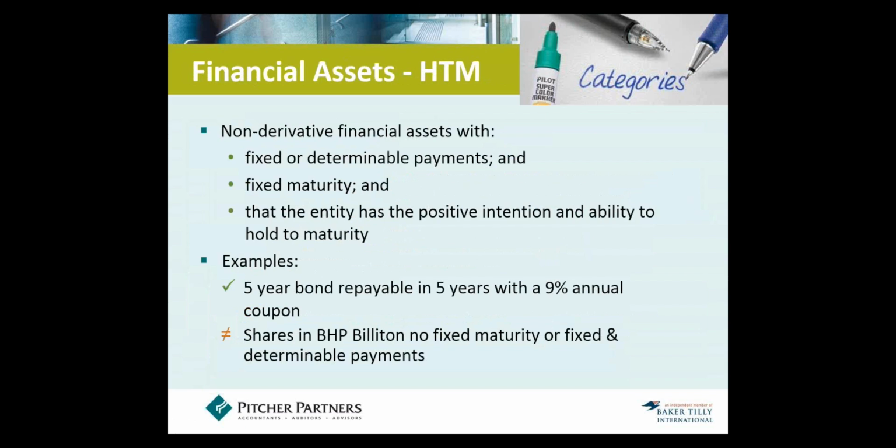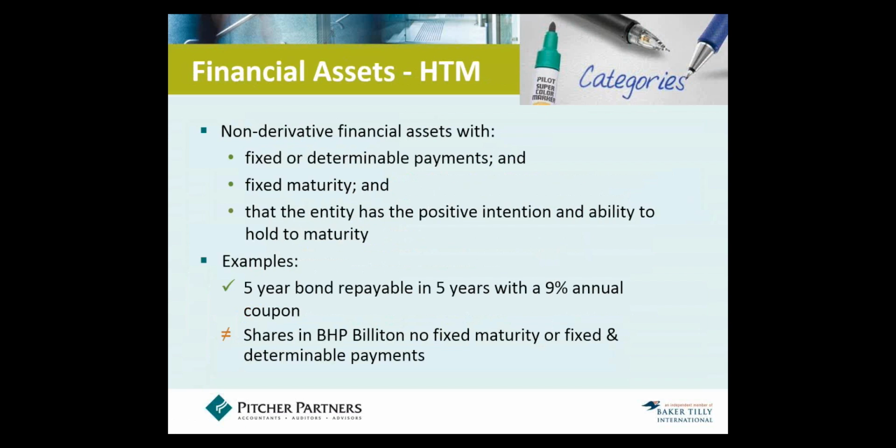It has a fixed maturity, and the entity has the positive intention and ability to hold it to maturity. So an example would be a 5-year bond repayable in 5 years with a 9% annual coupon. Really important that these items can usually be traded, because they've got fixed and determinable payments and a fixed maturity.